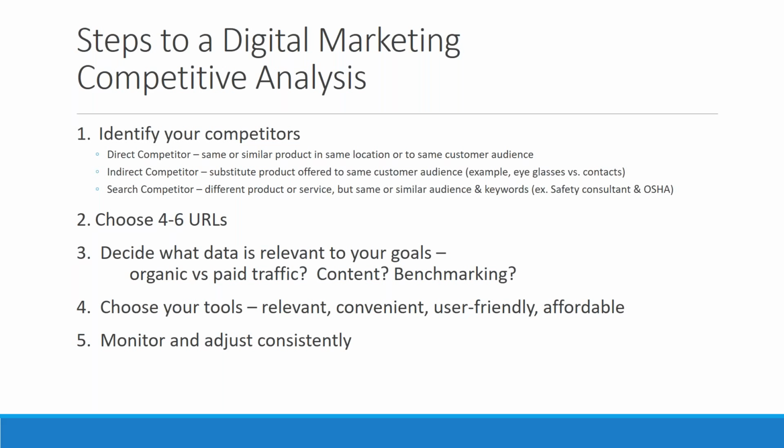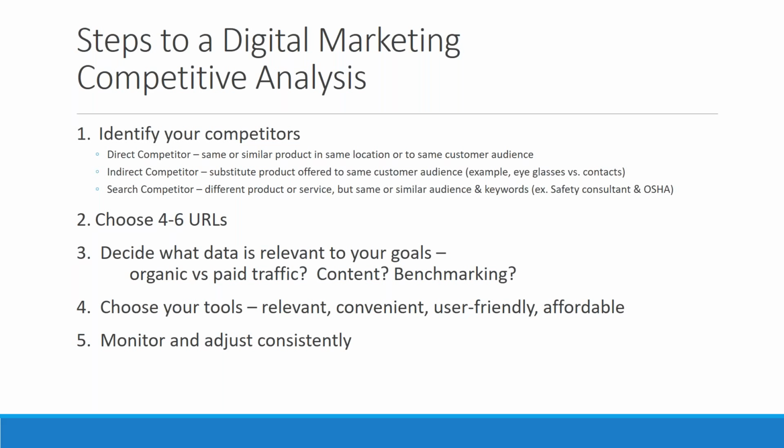So there are direct, indirect, and search competitors, and each of those three is different, and it's important to track and be aware of all of them. A direct competitor is another business that has the same or similar product, and they're targeting either the same location or the same customer audience. So they're very, very similar to your client. An indirect competitor would be offering a substitute product.